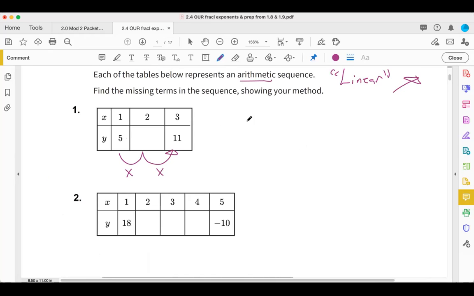So what are we going to do? We're going to take a look at how our first term is 5. And since this is arithmetic, we would just keep adding some x term over and over. In this case, we add 2 of those x terms, which would eventually get us to this square shape of 11.